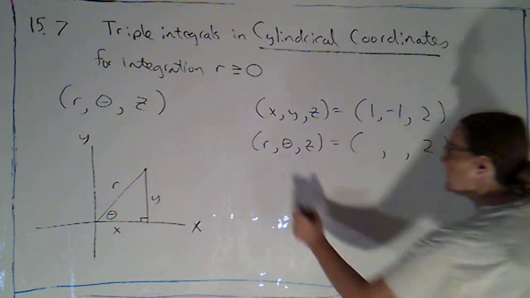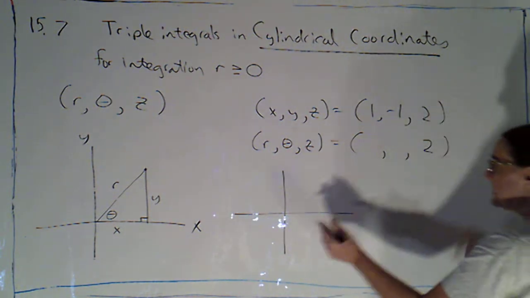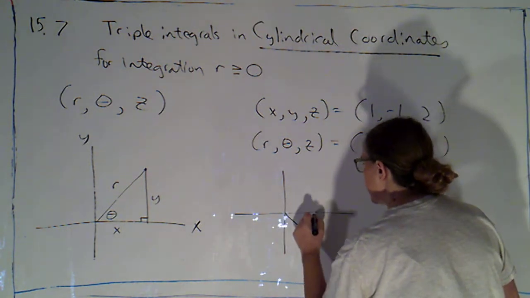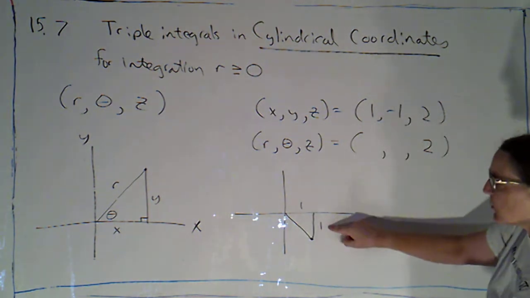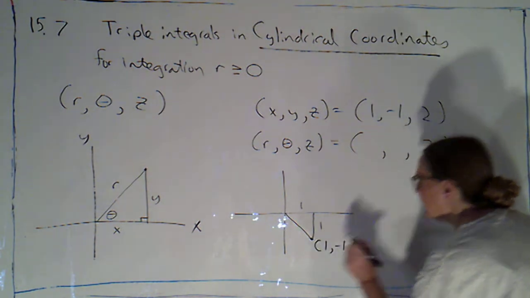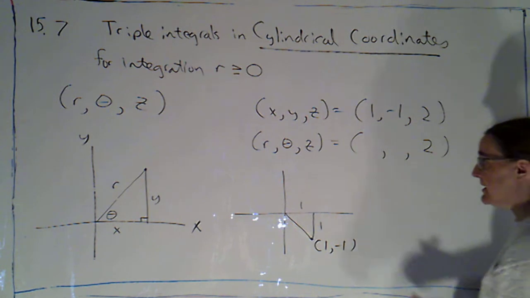To do that, I'm going to plot this point in the xy plane. I've dealt with the z, so I'm just going to plot 1, negative 1 would be here. That gives me this nice triangle. This side length is 1, this side length is 1. I've labeled the actual side lengths. I know this point is 1, negative 1. I can then solve for the radius r.